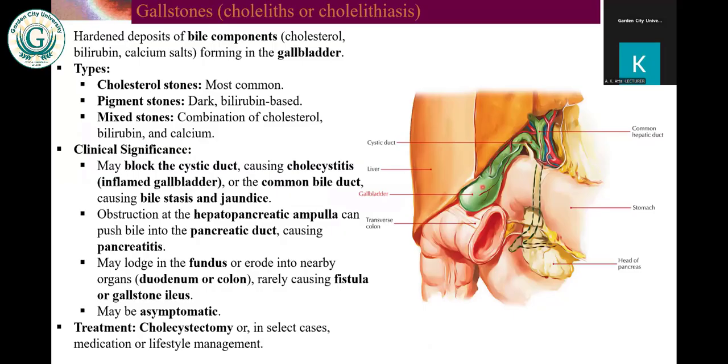Then the bile will flow through the cystic duct. Then it joins the common hepatic duct to form what we call the common bile duct. And you can see here passing behind the first part of the duodenum and behind the head of the pancreas. Then it will meet the pancreatic duct. I think let me end that part.